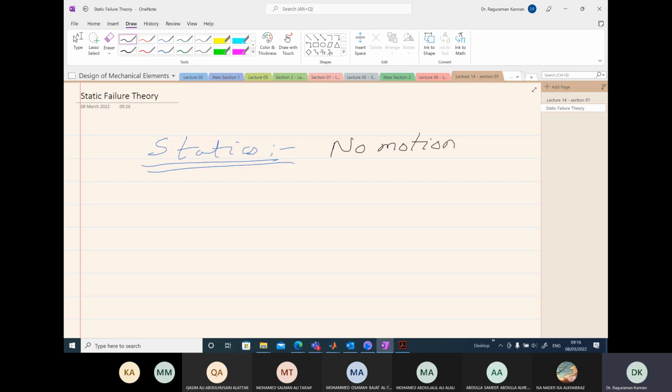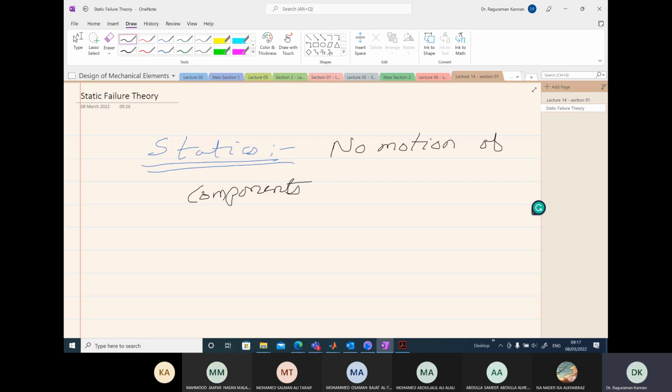Okay. So no motion of what? Of the system, the components we are considering, right? No motion of components. So this is essentially a static problem.